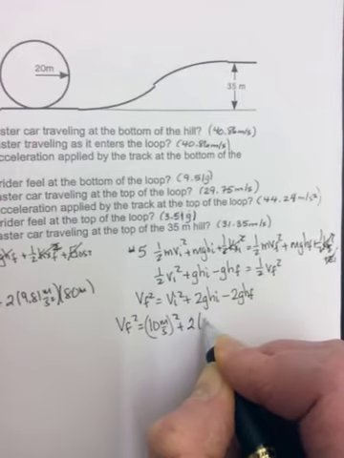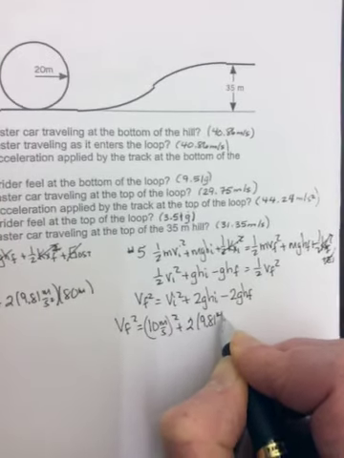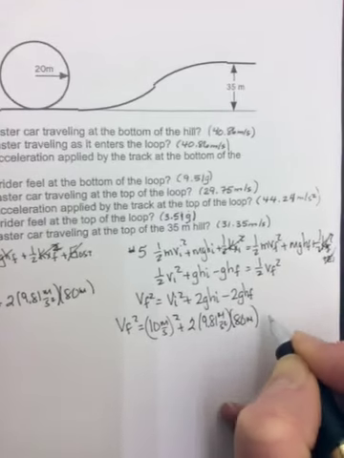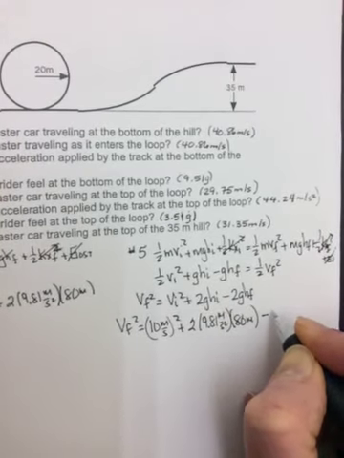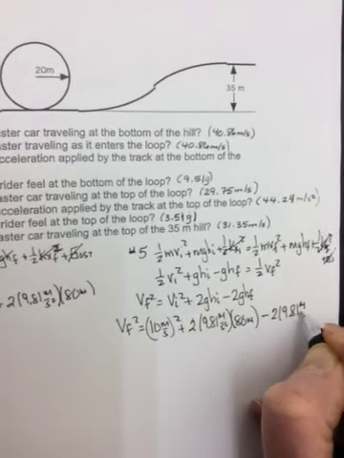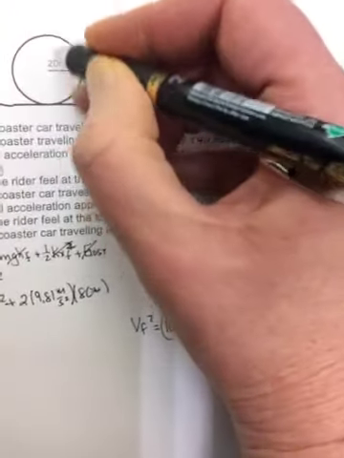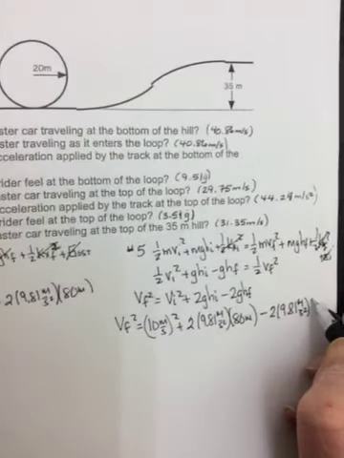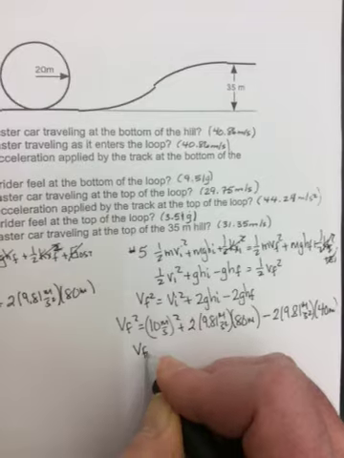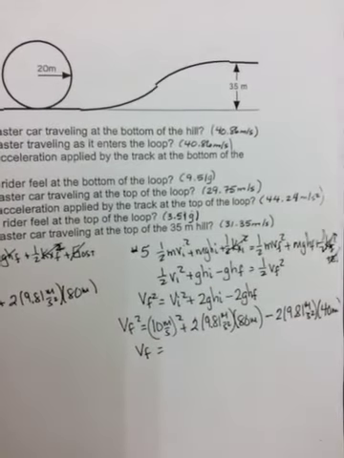It was 2 times 9.81 meters per second squared times 80 meters, and minus 2 times 9.81 meters per second squared, and the height at the top of the loop would be 40 meters, twice the radius. Remember, you need to take the square root.